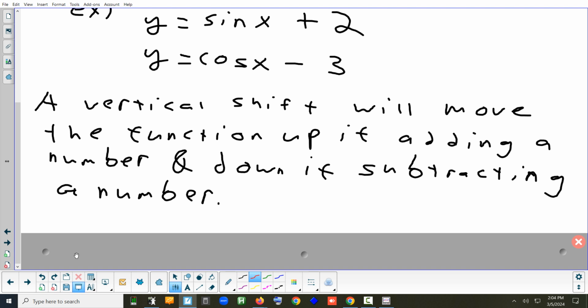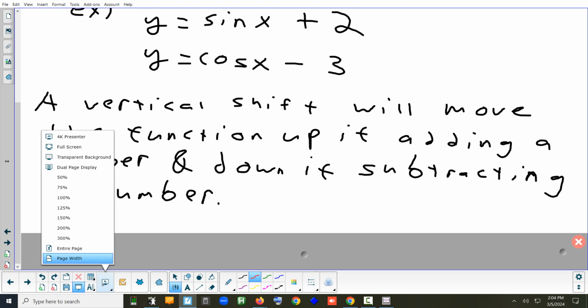All right, so now we want to think about what's changing in the coordinate. If you move a coordinate up or down, and you don't move it left and right, what changes in the coordinate? The y. Yep.